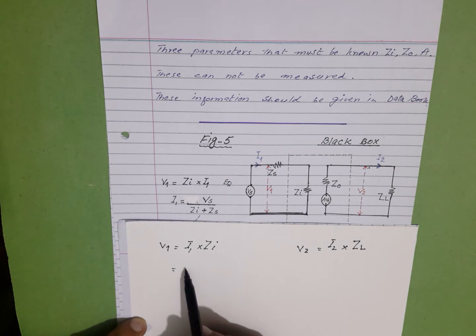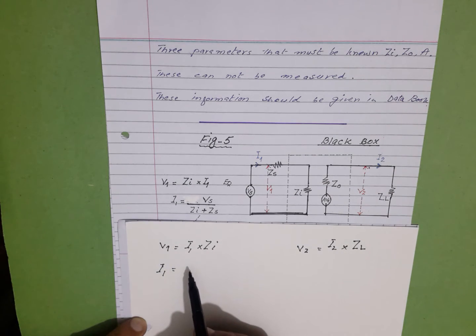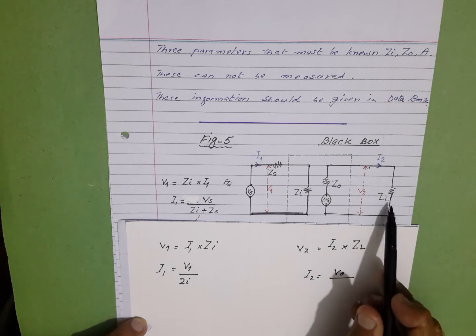I1 is equal to V1 divided by Zi, by Ohm's law. I2 here will be equal to V2 or V0. V2 and V0 are the same, so I2 is V0 divided by ZL.